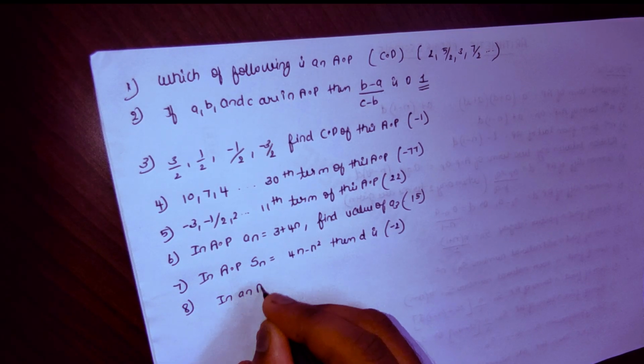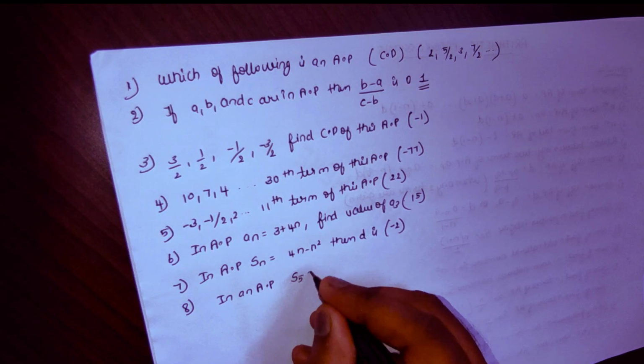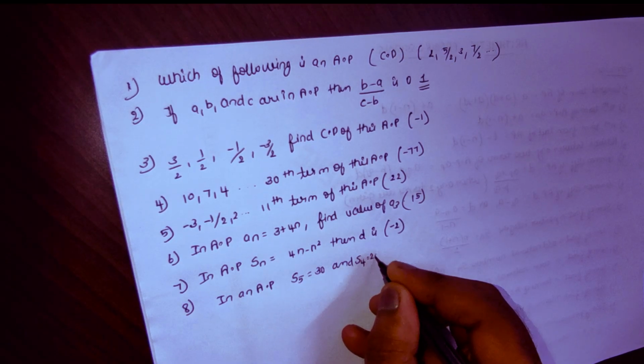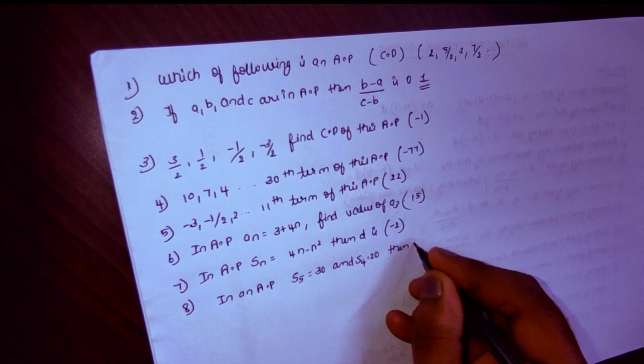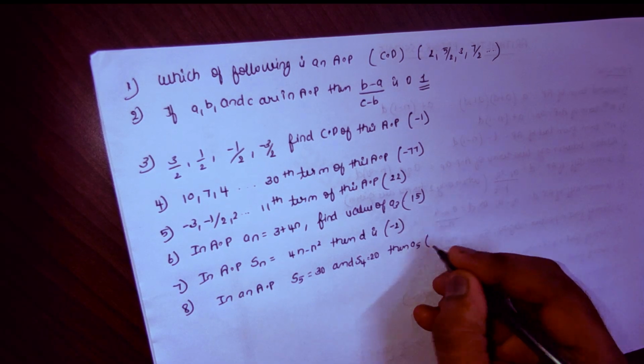In an AP, S5 is equal to 30 and S4 is equal to 20. You have to find the value of a5. The value of a5 is 10.